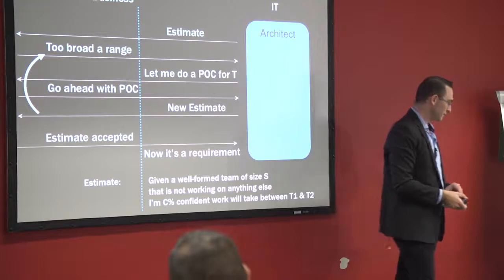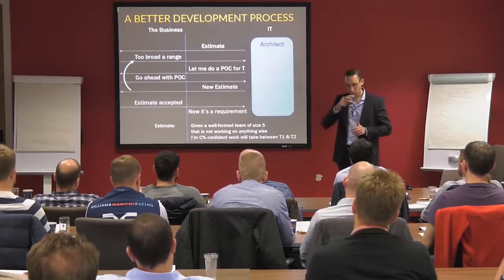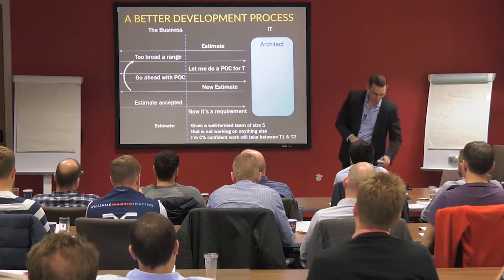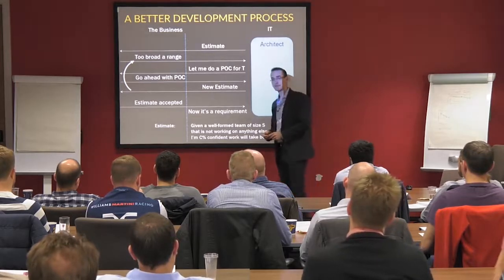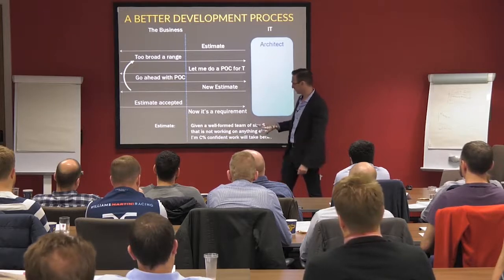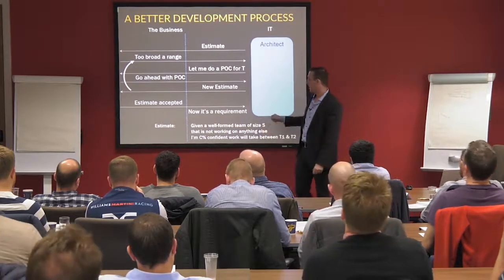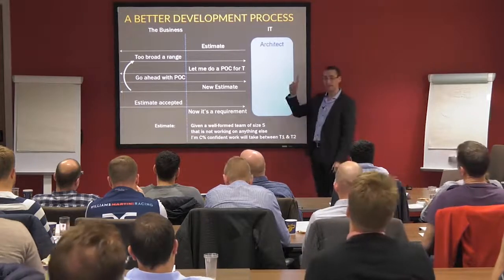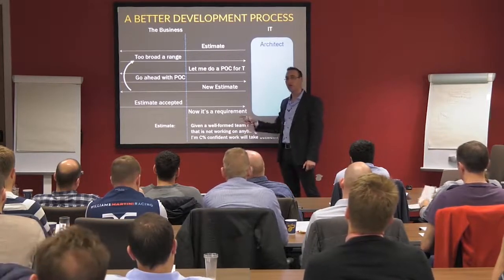Now, the problem with estimates is most people don't know how to do it. Everybody talks about estimates, but the better structure for estimates, down over here, right? An estimate is given a well-formed team of a certain size.